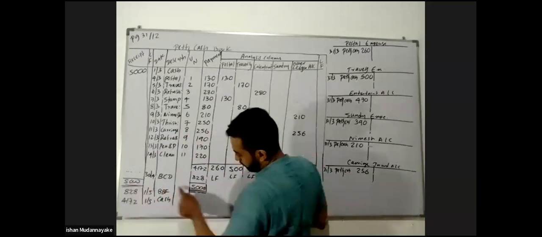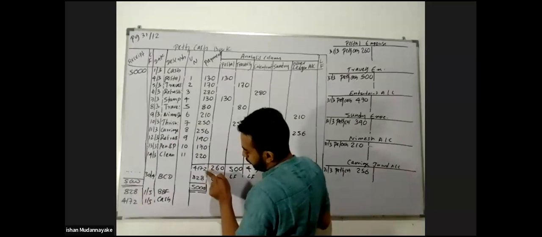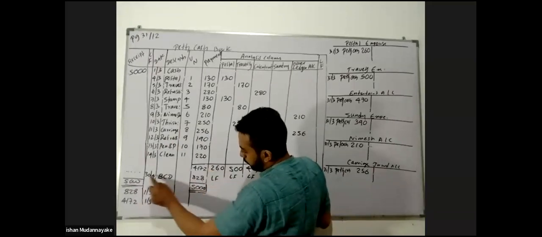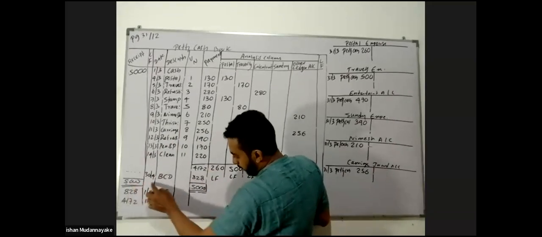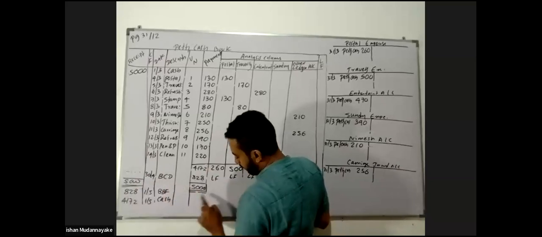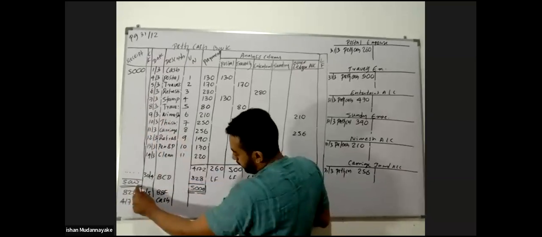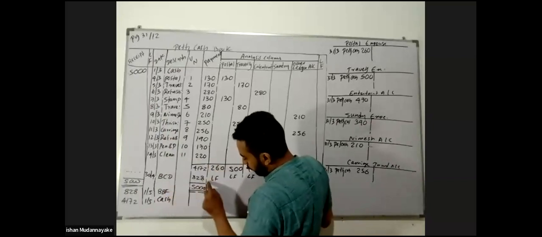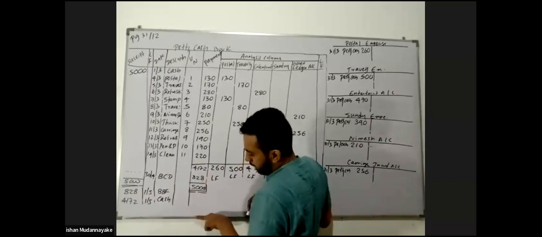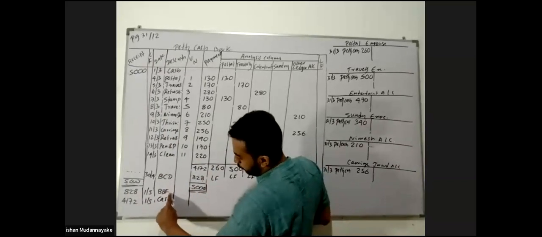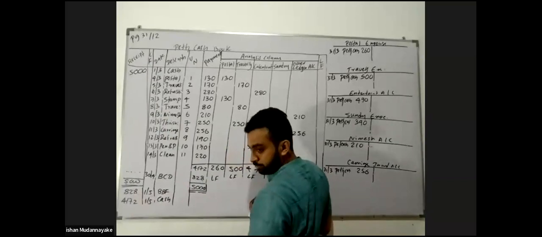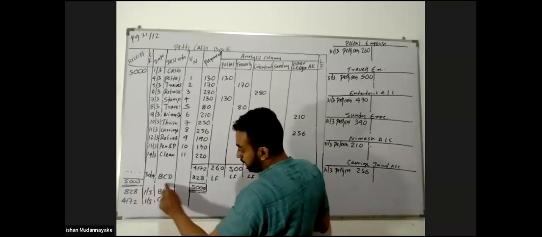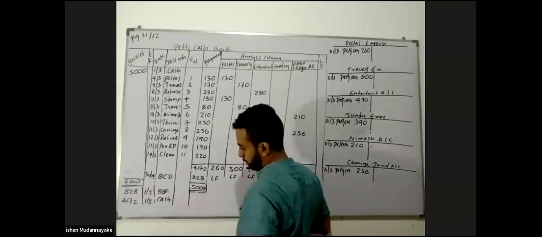Total amount 4,172. Then you need to leave one line, then 5,000 in the same row. Then 5,000 transferred here, and then here 5,000 minus 4,172, balance carried down 820. Below the 5,000 line, what do you write down? Balance brought forward first May 820.